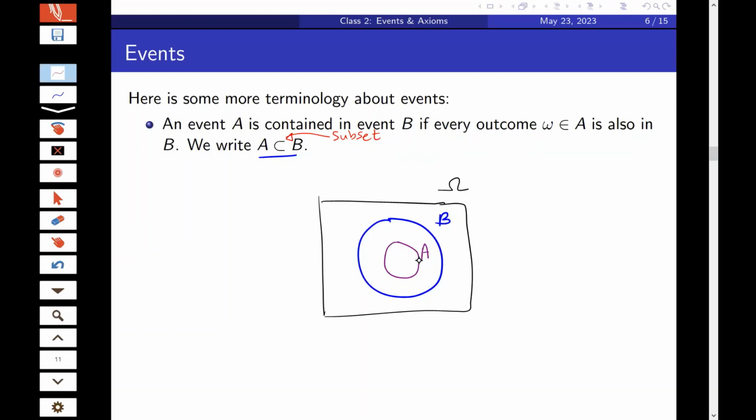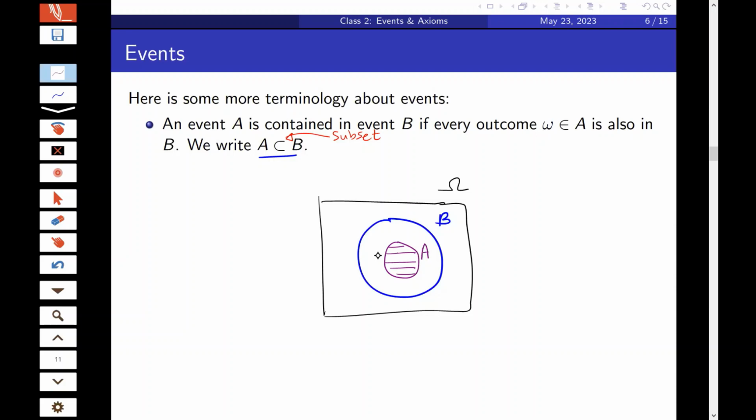A is living inside B. So any outcome in this event A is also in B, because A is inside B. Any outcome in this shaded region is in B as well. That's called a subset or sub event.